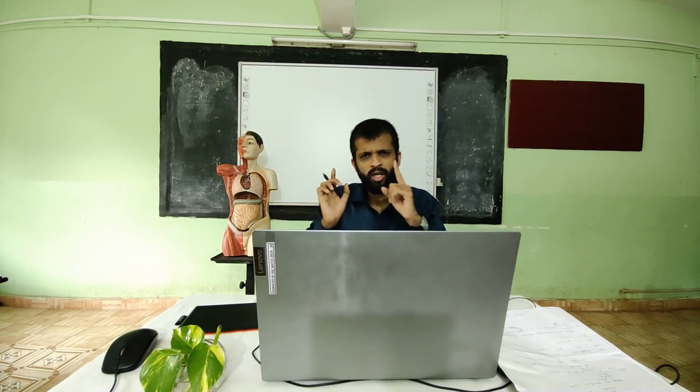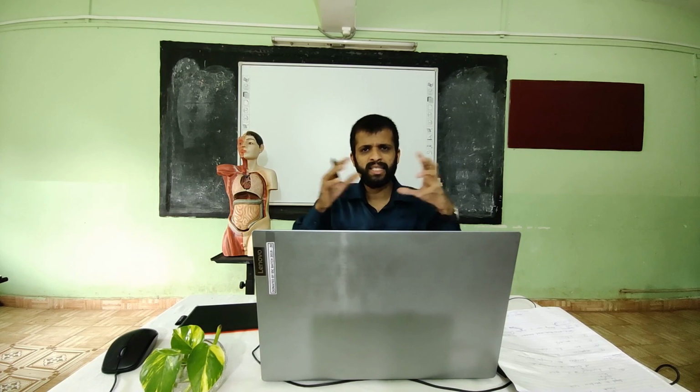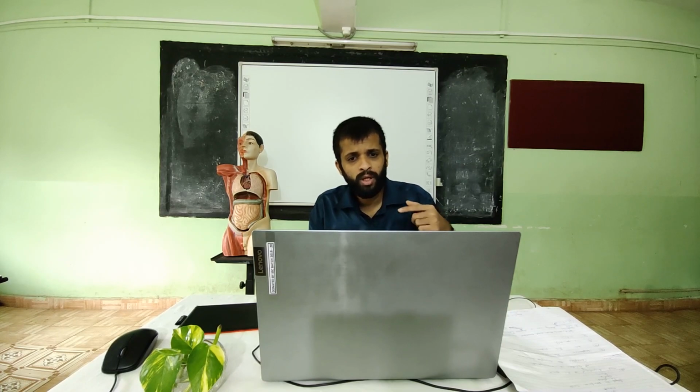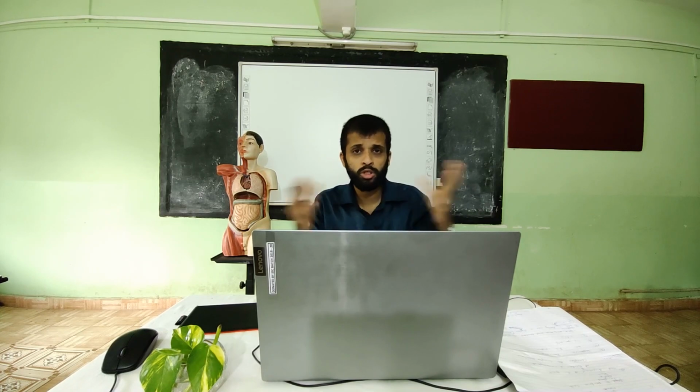Okay, so I'm sure you have checked this video over here where the entire model of a cow is shown. Right now, why are we discussing this? We were talking about nutrition in animals, right? And the most complex animal is a human being.